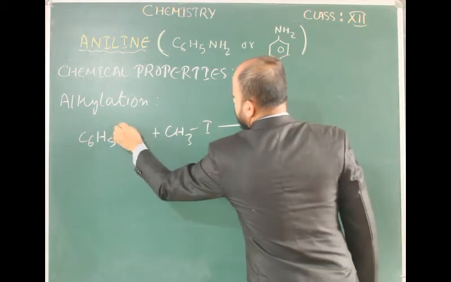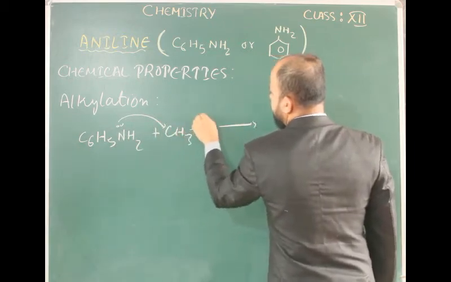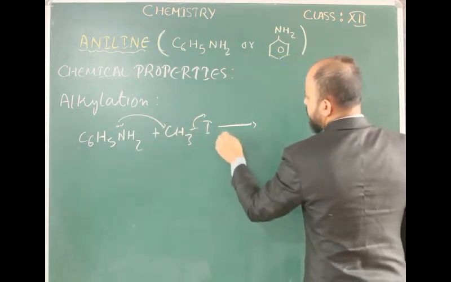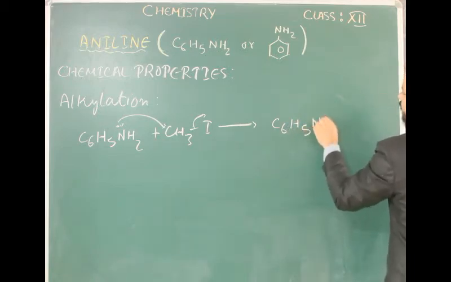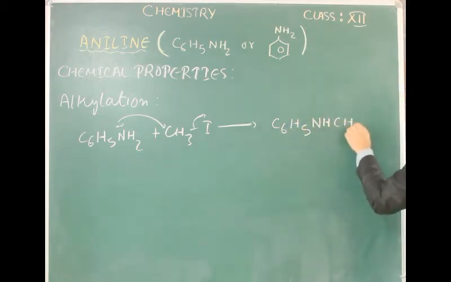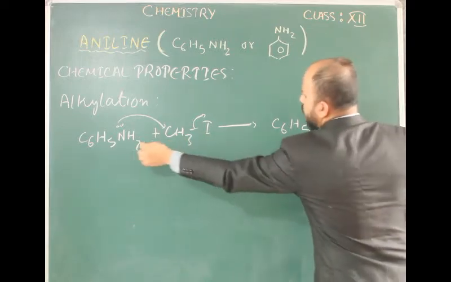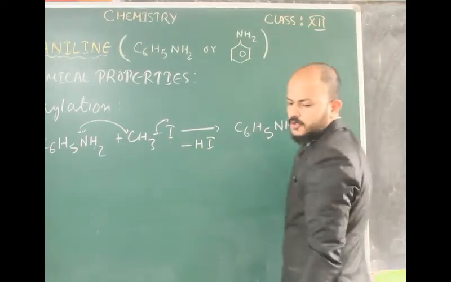Nitrogen contains a lone pair, which will be attached, and the halide will leave. So you will be getting C6H5NHCH3, and here one hydrogen from here and one HI will be removed.